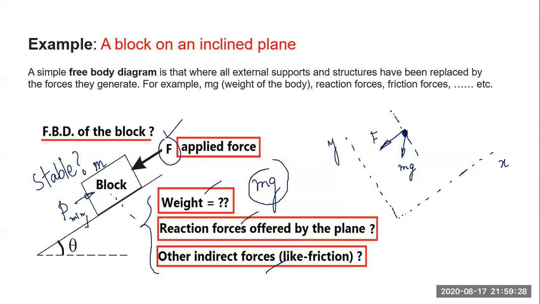So this will be the direction of R, or N, whatever. R, the reaction force by the plane. This is the applied force F, this is the mg, the weight of the block. Then if I am asked to find what is P minimum, we have to find the value of P minimum.